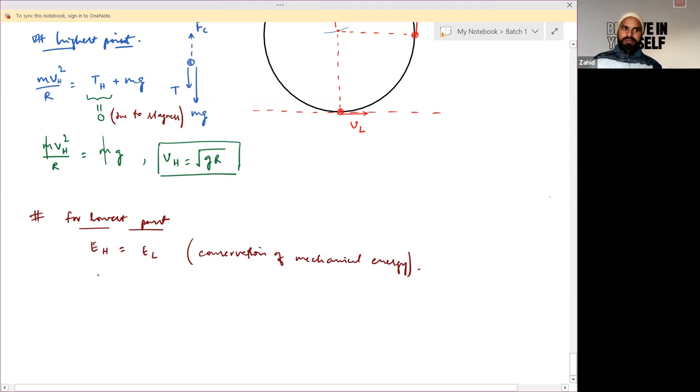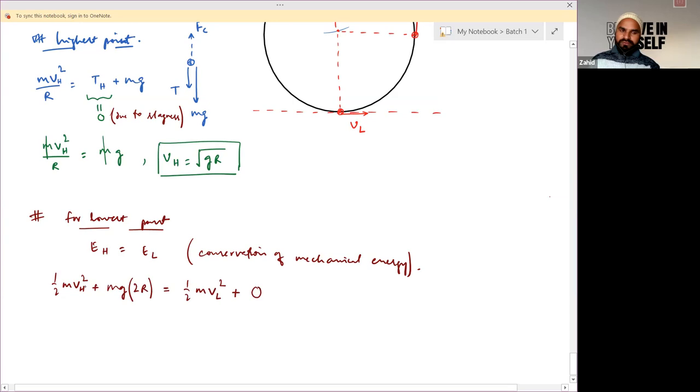At highest point, the object will have kinetic energy half m v_h squared plus potential energy m g h, where h is twice the radius, which must equal, at lowest point, half m v_L squared. Since the lowest point is at horizontal level, height will be 0, so potential energy will be 0.